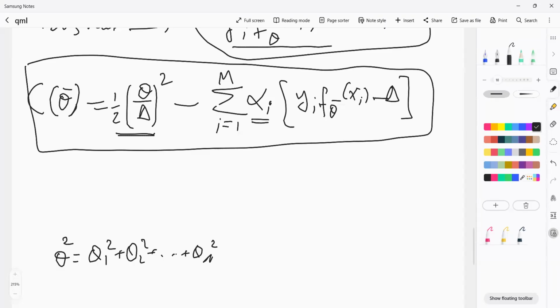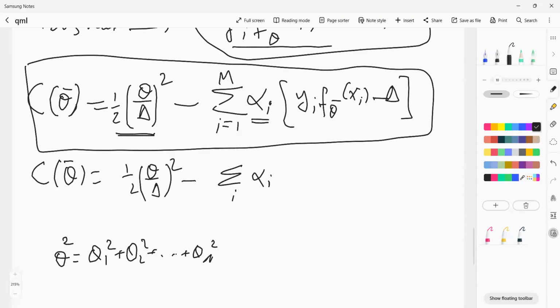And we can actually rewrite it in another way as well. So let's just write half theta over delta square minus the sum over i equals 1 to m of lambda i. And let's take this delta common, so I'm taking delta out. And let's write the expression for f theta.